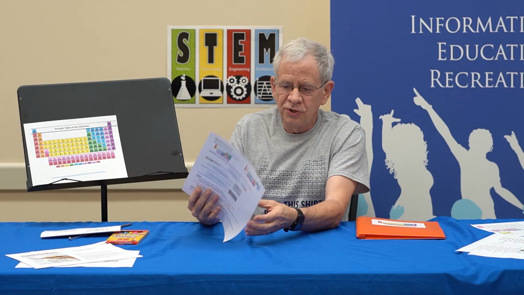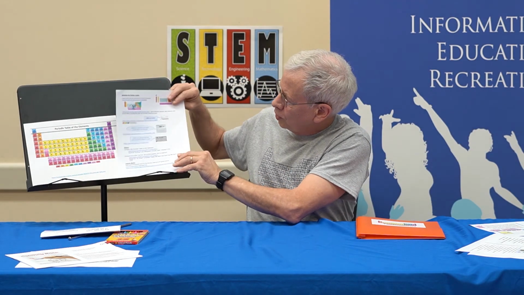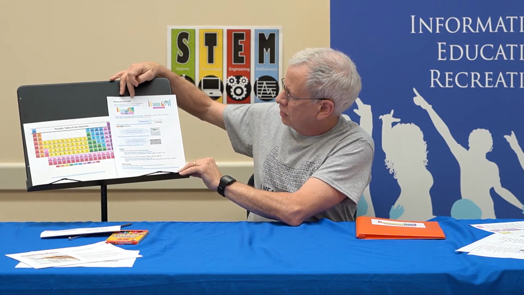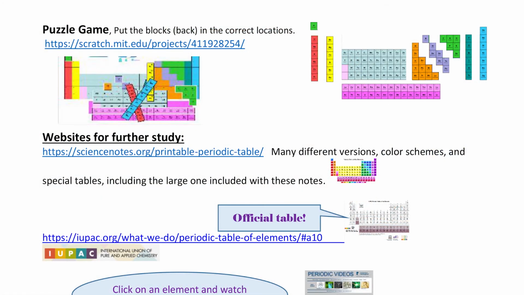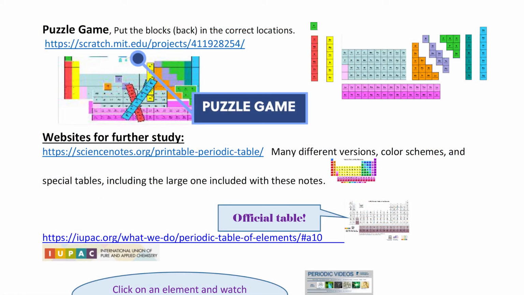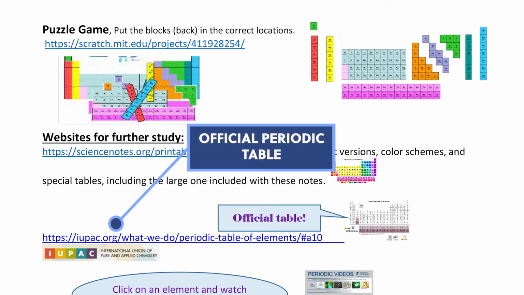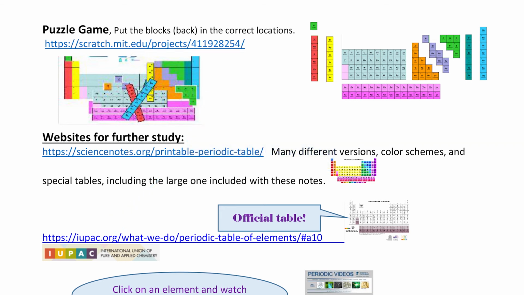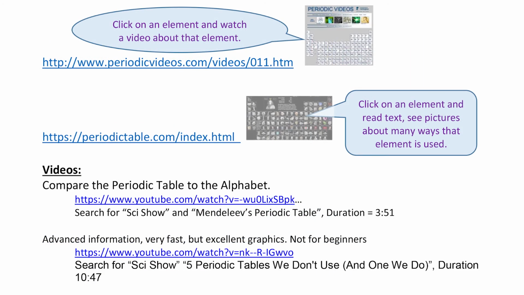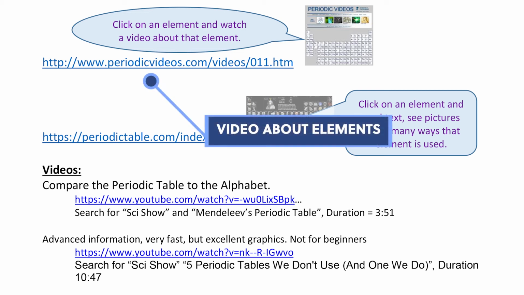The next thing I want to ask you to do is to look at the page that's titled Website for Further Study. At the top of that is the game that we just looked at and played. Below that is some information about the official periodic table from IUPAC. There's also a web page with a periodic table where there are several elements, and you can just click on each one of those blocks and watch a video about that element.